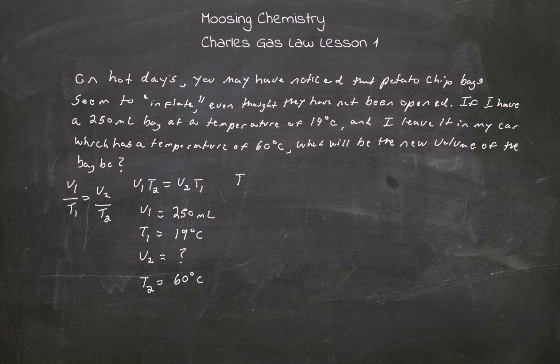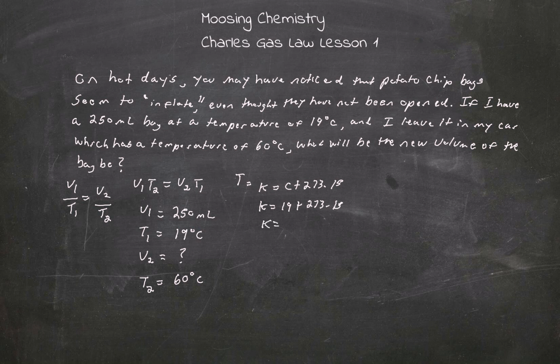So the first thing you have to do is convert our Celsius into Kelvin. So for T1, we're going to say K equals C plus 273.15. So that gives us that K equals 19 plus 273.15.